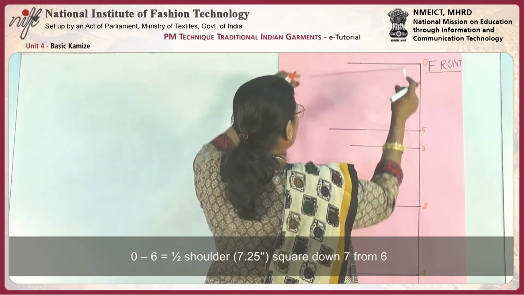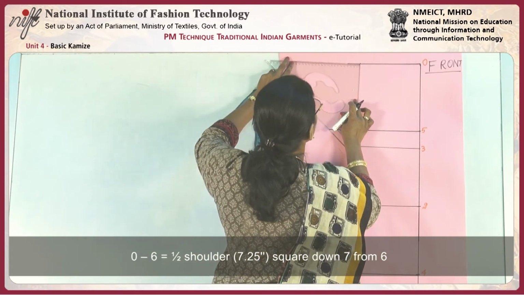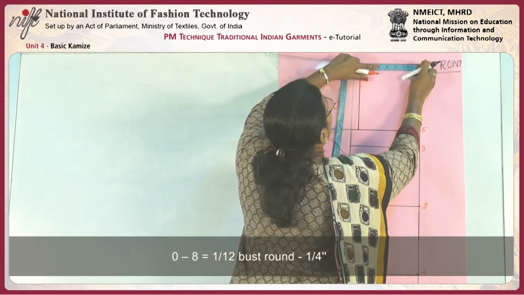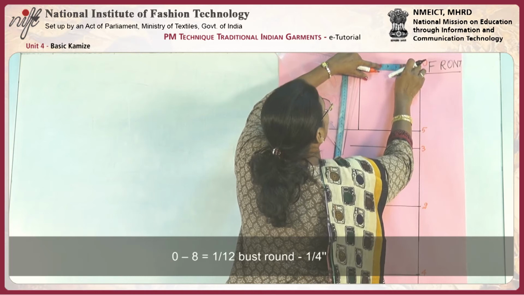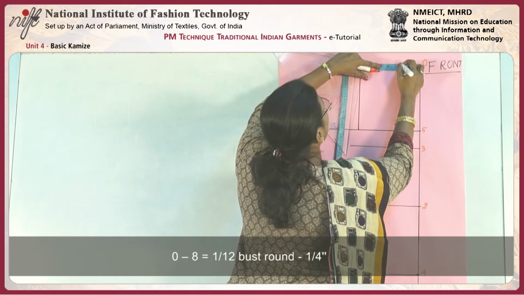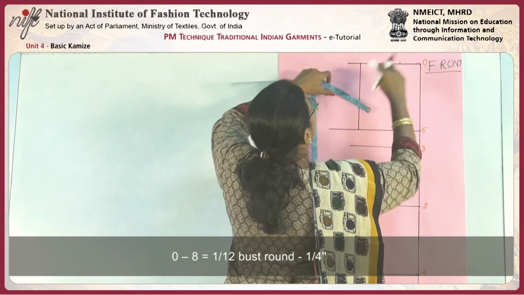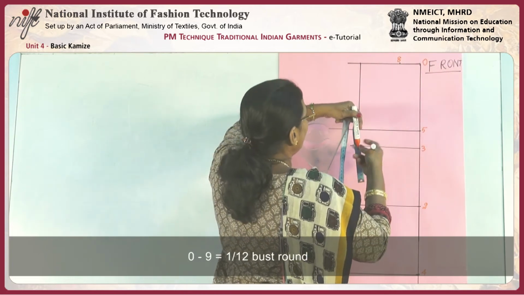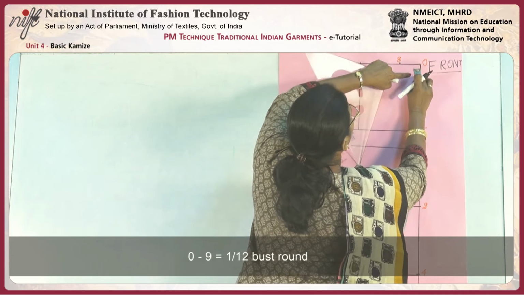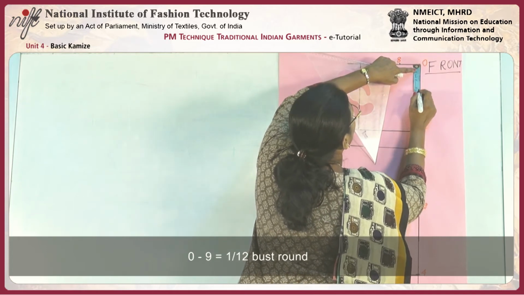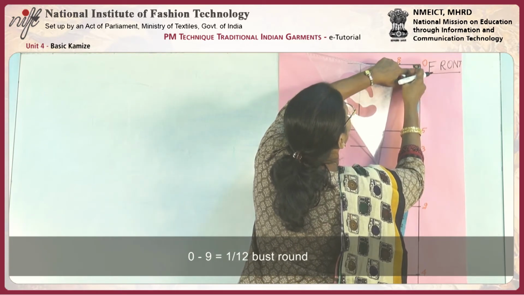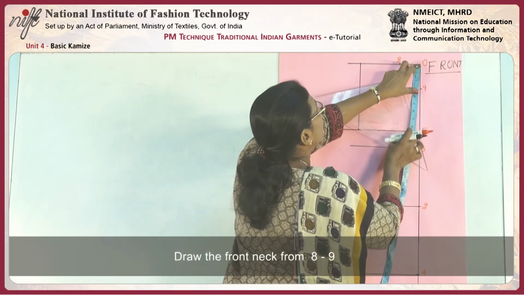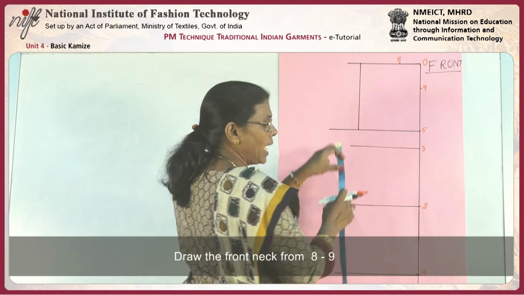The 6 is squared down to 7. 0 to 8 is bust by 12 minus quarter inch, which is 2.5, and 0 to 9 is bust by 12 plus quarter inch, 3 inches. This width and depth will provide the exact neck shape.